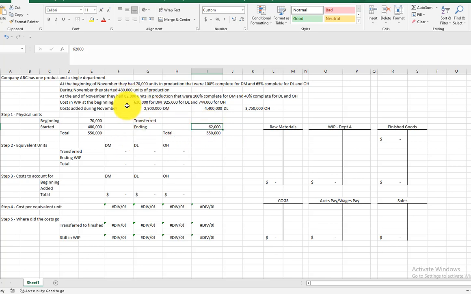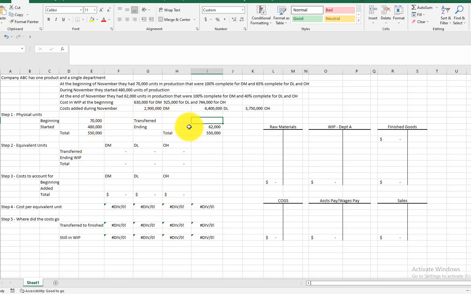So now, we don't see anything specific about how many were transferred to the next department or to finished goods, depending on how many departments there are. In this case, there's only one. So you go through one department and then you're finished. So we know that the amount transferred plus the ending has to equal 550.